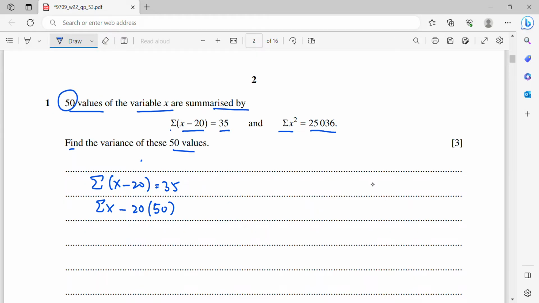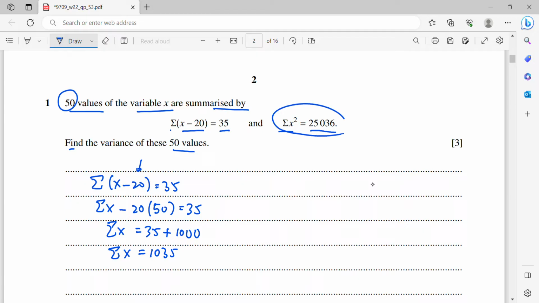So you minus 20 for 50 times, then it will be 35. So at last, summation x is 35 plus 1000, so it is 1035 for the summation x.